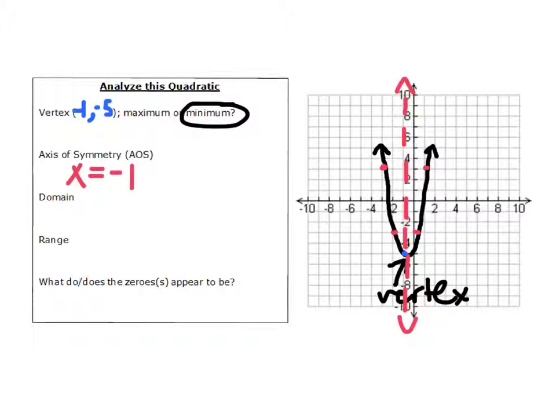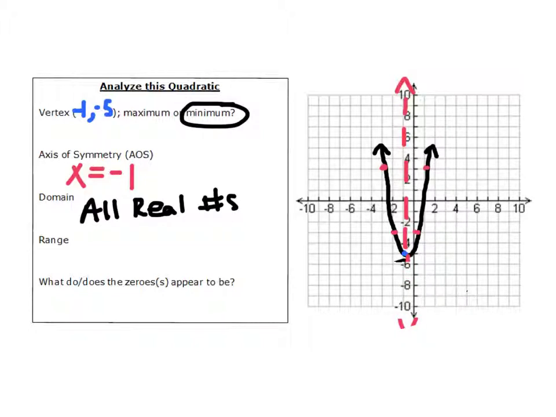Domain, remember, we know the domain is all real numbers. Now, if I'm looking for my range, which is what I'm doing now, I know that I do not go past this point. That's my bottom point, which is -5.